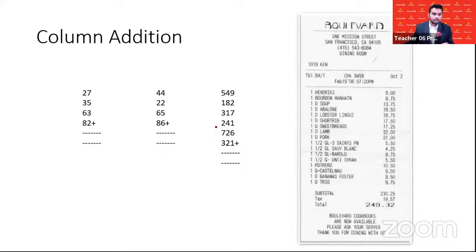Traditional mathematics teaching will tell you to start from the right side and you add so that you will reach a number, and if you have a carry, you put it on the other side. Here we are a little bit different. We start from the left side and we add up all the numbers irrespective of what carry comes on.